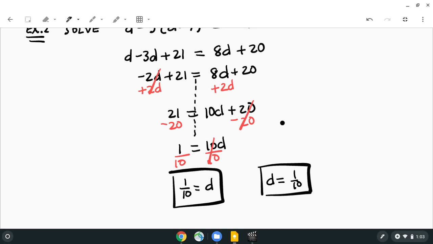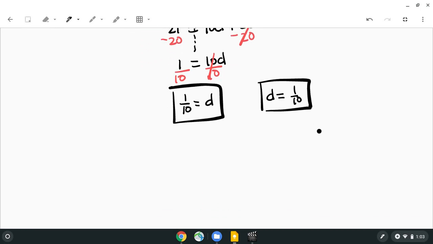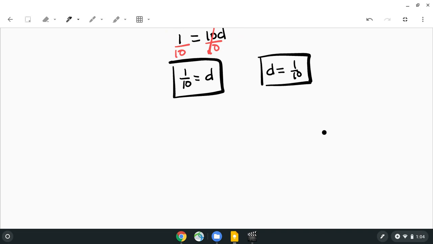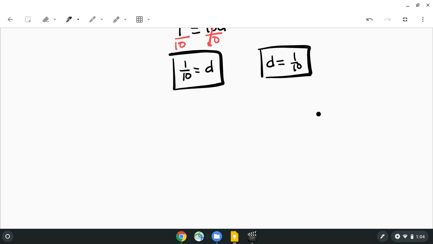Let's take a look at this one. Once you have a try at this, okay, so go ahead and try this one. Solve. 9 times x minus 2 equals negative 6 times 4 minus x plus 18.